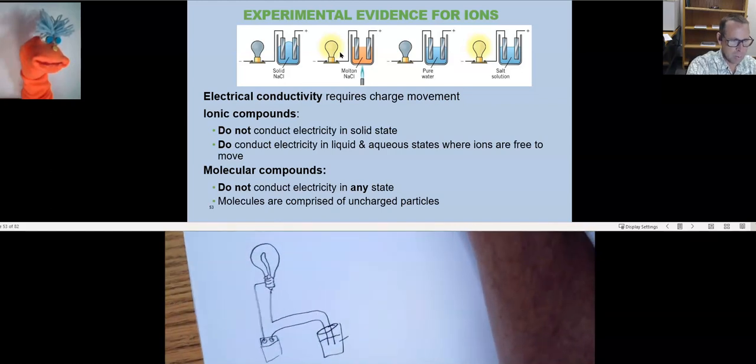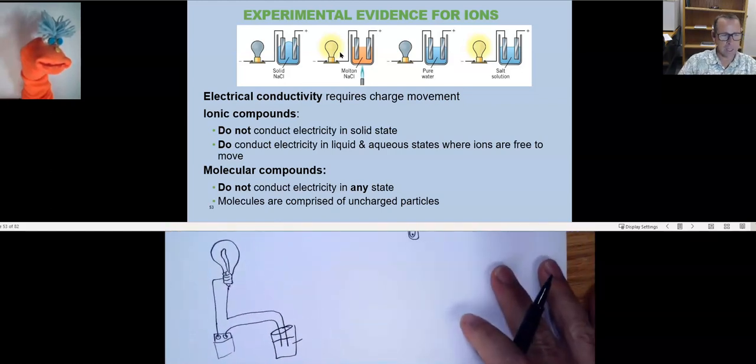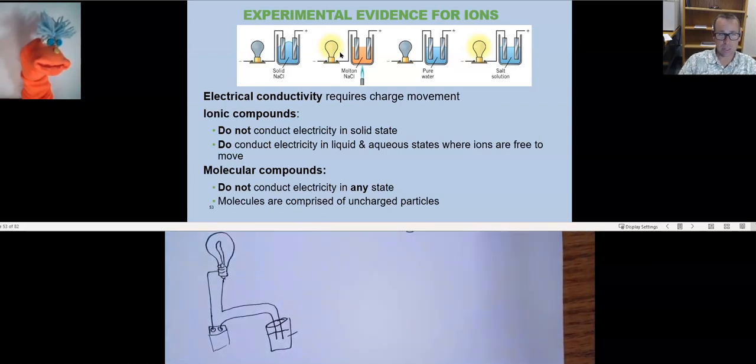However, if I put something like salt in that water, and that's what we're seeing up here, pure water will not produce conductivity to allow a light bulb to turn on. But if I put salt into the water, then it will make the water conductive. Okay. If I have solid sodium chloride, no conductivity.